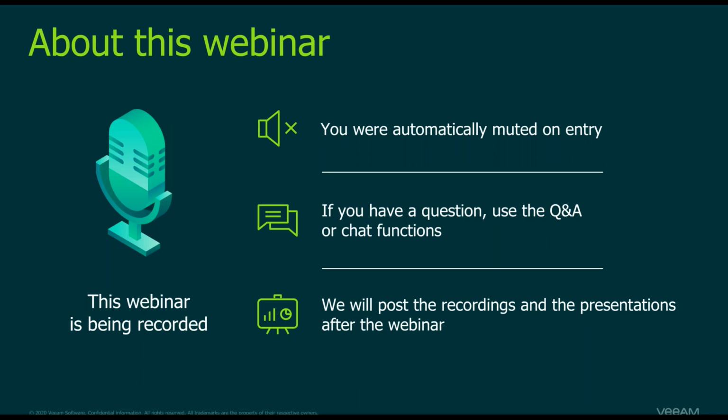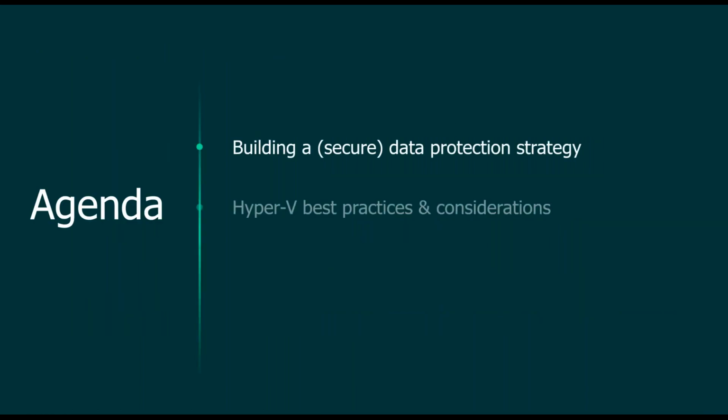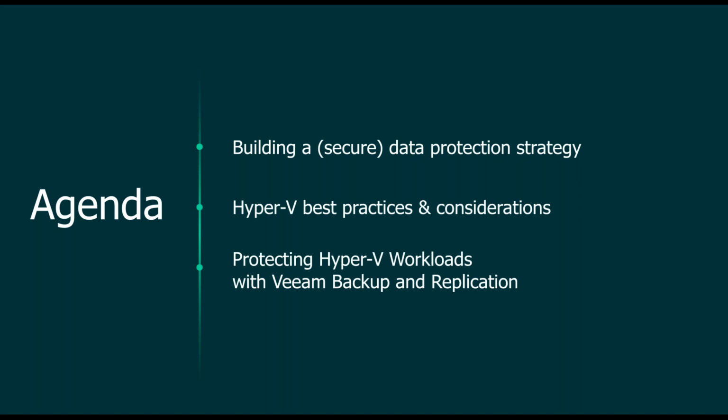So what are we talking about today, right? We're going to start by talking about building a secure data protection strategy, right? And kind of not directly related to Hyper-V, but when we're talking about protecting a Hyper-V infrastructure, really any infrastructure, step one is the thought process behind that data protection strategy.